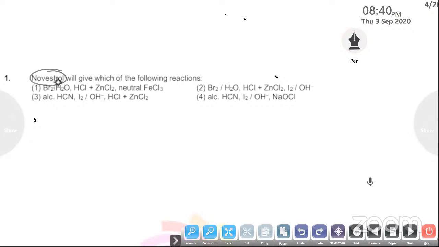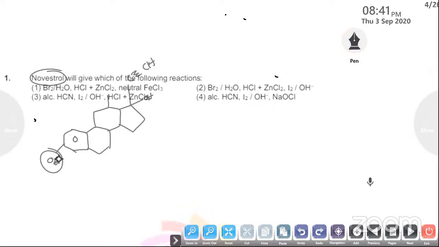Novestrol has one methyl group here. Here we have one OH group and even one C triple bond CH group is also there. And here we have phenolic OH.